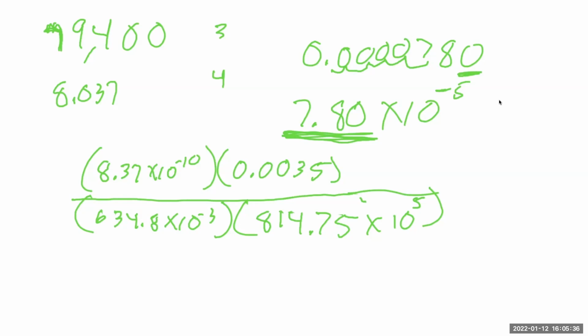All right, so what did you end up with? I got 5.664116992, and then some weird E and -8.